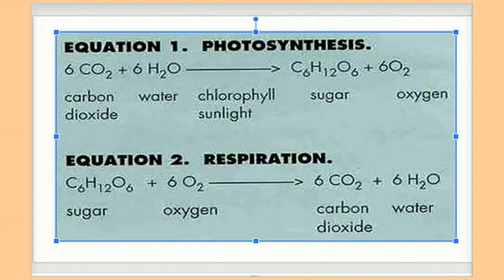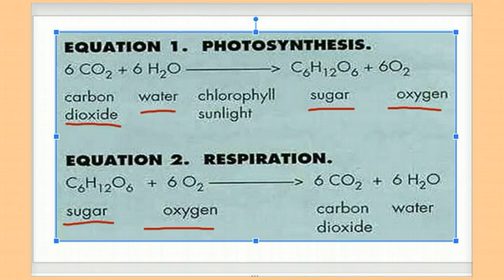Here are your two equations. In photosynthesis, you have carbon dioxide being used with water and it gives off sugar and oxygen. In respiration, sugar and oxygen are used to make carbon dioxide and water. They are the reverse of each other. So both processes depend on each other for continuation, because without photosynthesis, respiration will not happen, and without respiration, photosynthesis cannot happen.